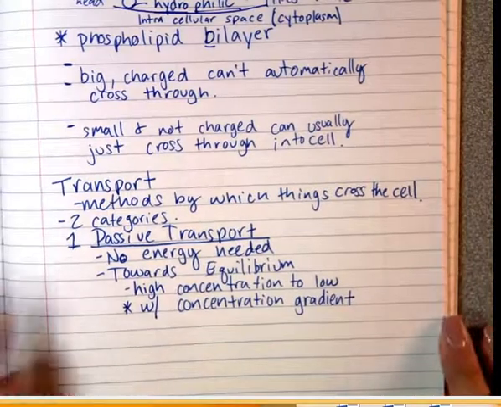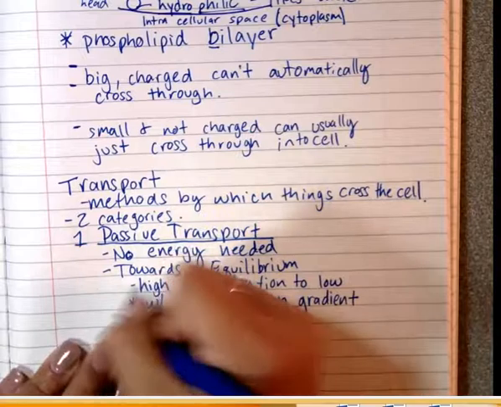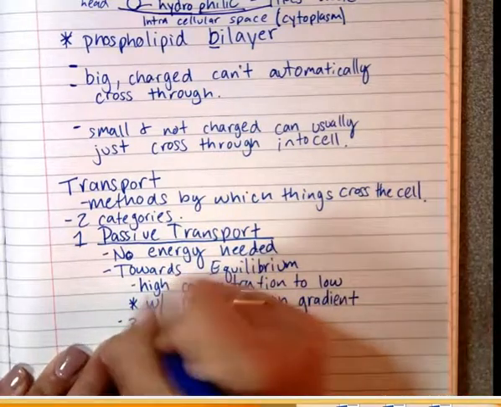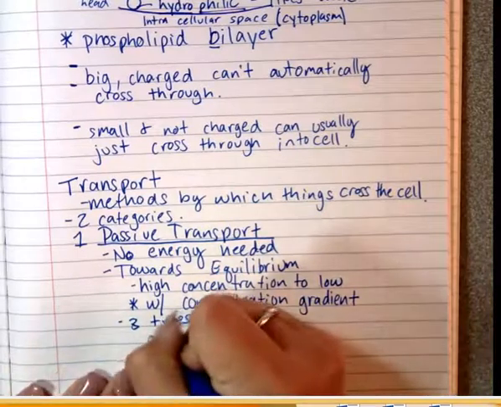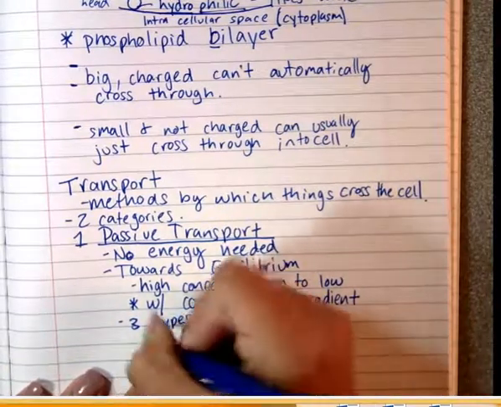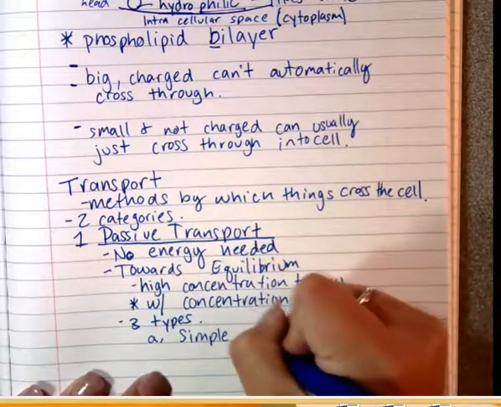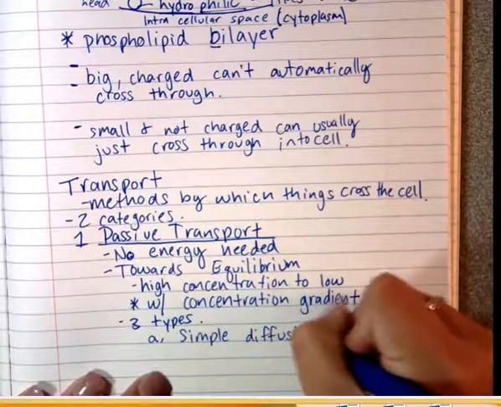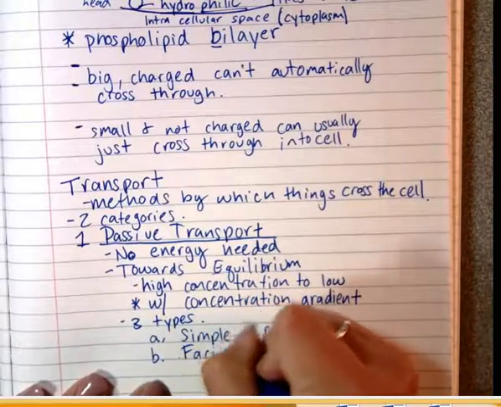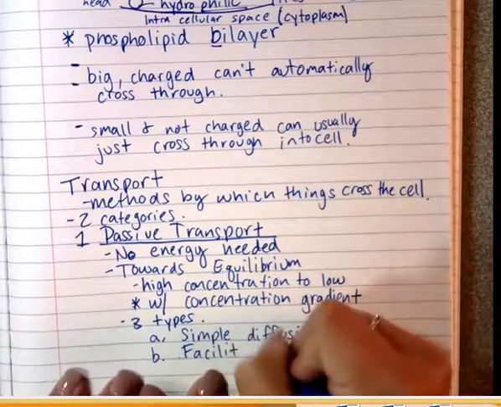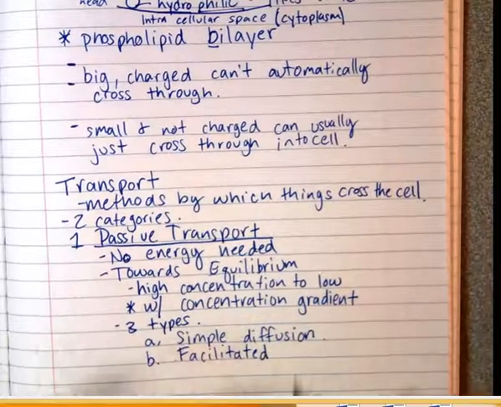This is going to subdivide into three types. Type A is known as simple diffusion. You also have facilitated diffusion, kind of like the name says. They have a little bit of help, but still no energy.